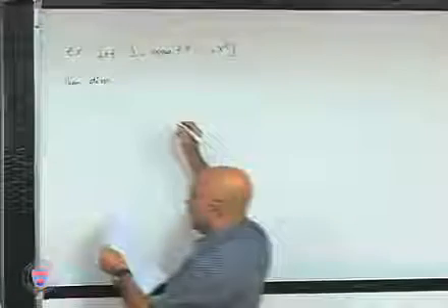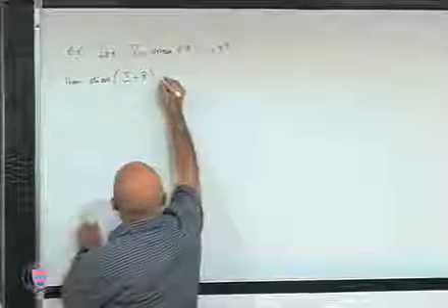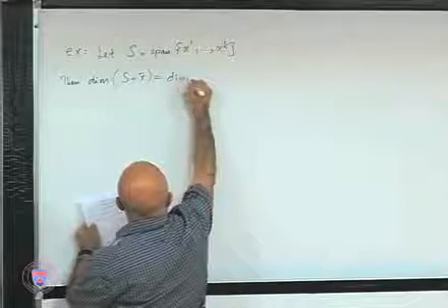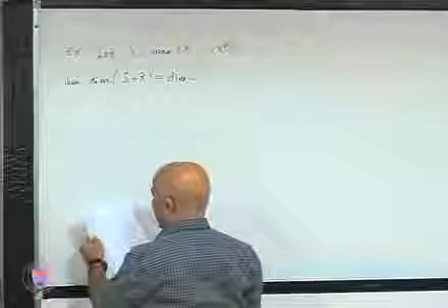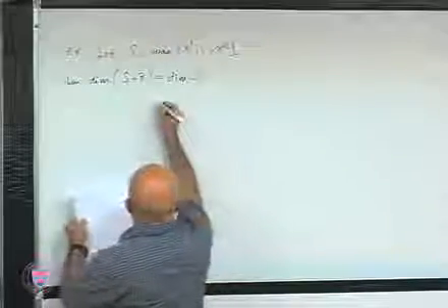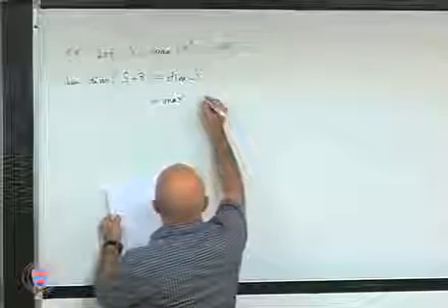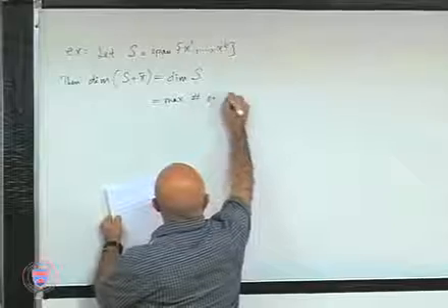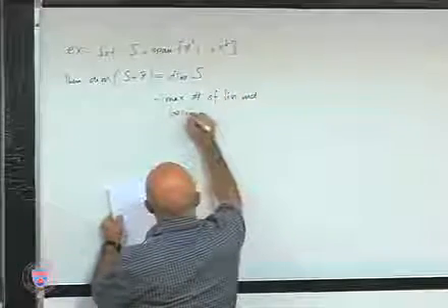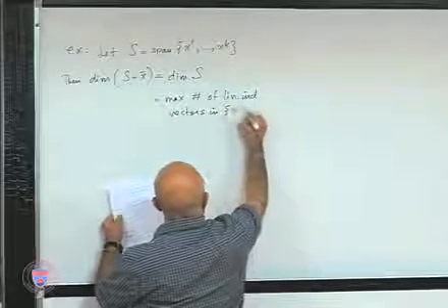In this case, the dimension of S plus x bar is, by definition, the dimension of S. And for this reason, it's the maximum number of linearly independent vectors in the collection x1 through xk.